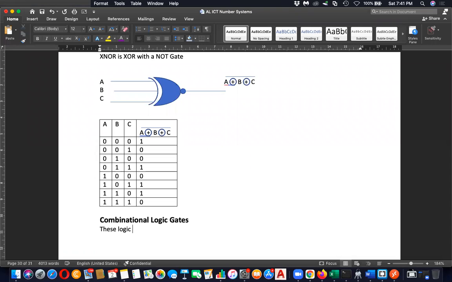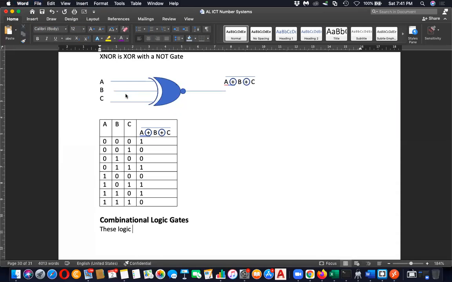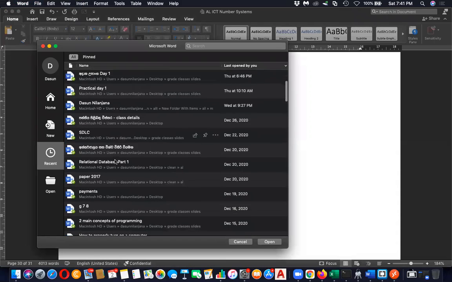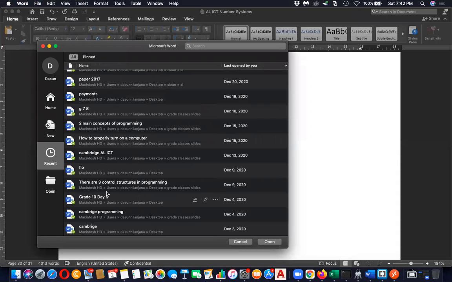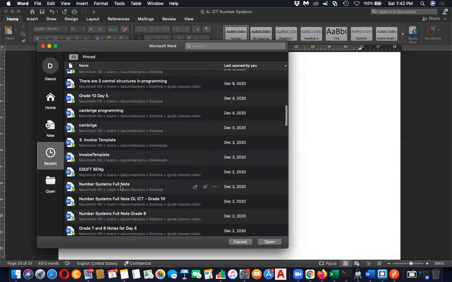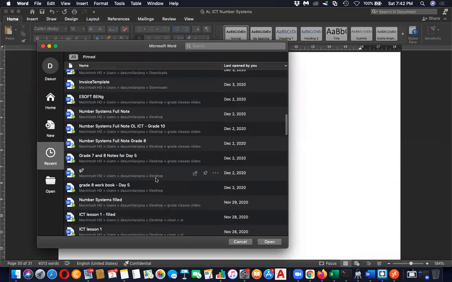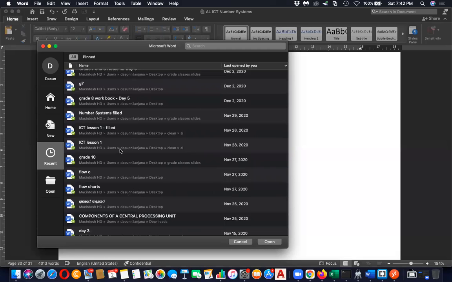But what I'm doing is generating the note with you. I have the same note for many classes: Cambridge A-level ICT, structured programming, number systems for grade 8 and grade 10, ICT lesson 1 number systems.